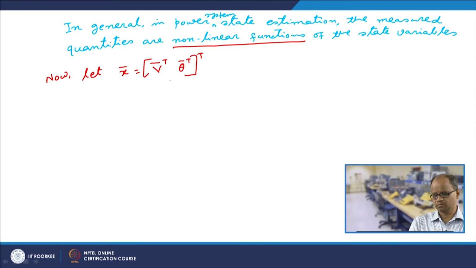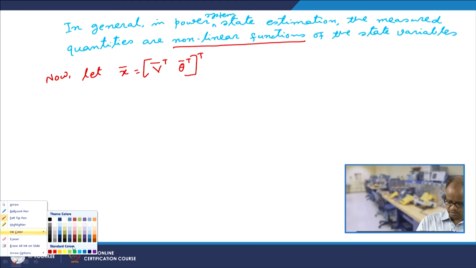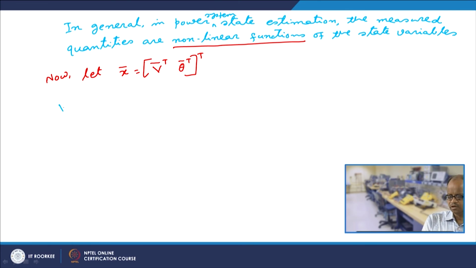Please note that there are too many transposes, but just to explain, v transpose is actually v1, v2, up to vn, and theta transpose is actually theta 2, theta 3, up to theta n.